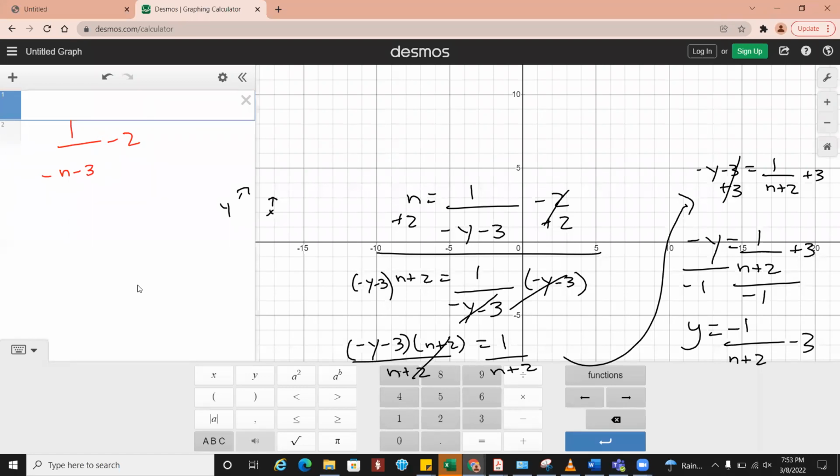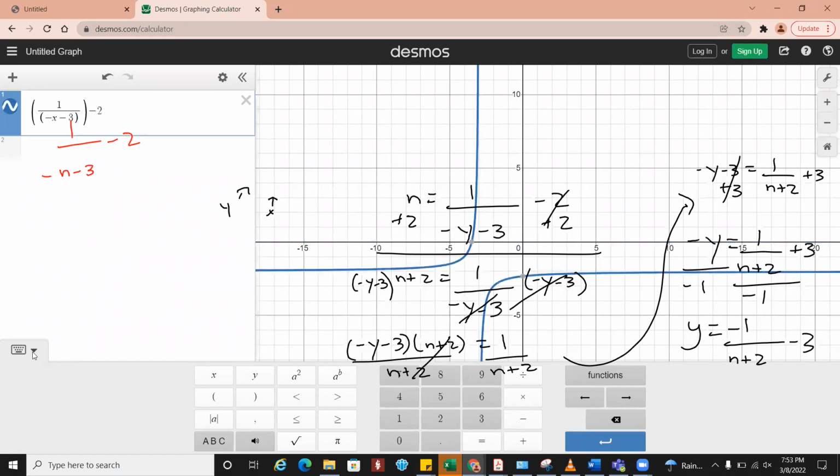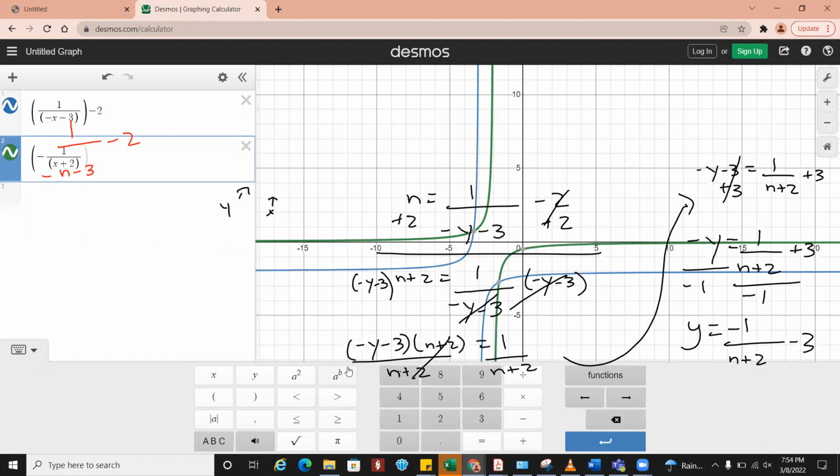So this is the original function: 1 divided by -x minus 3, minus 2. And that second one is going to be -1 divided by x plus 2, minus 3.